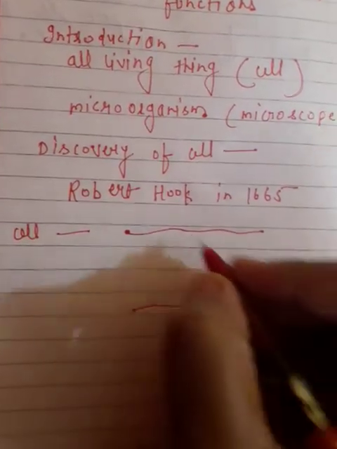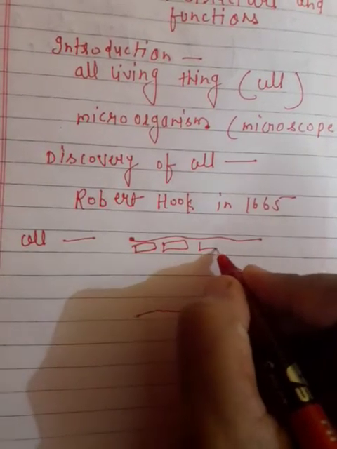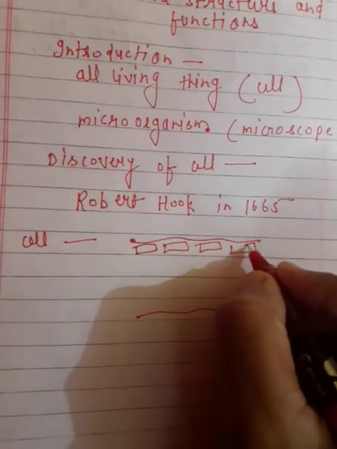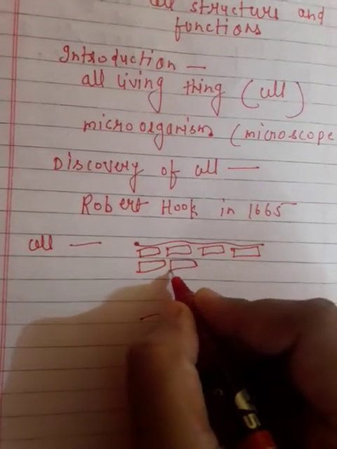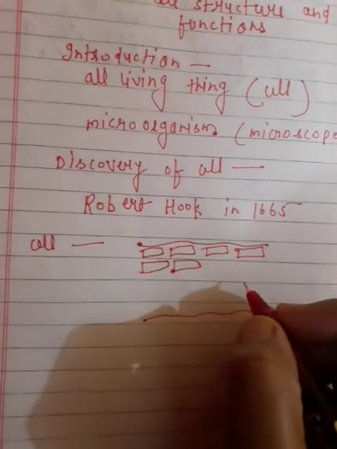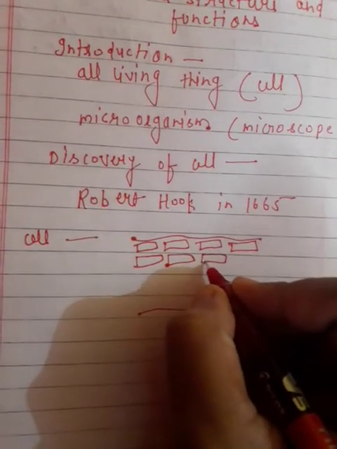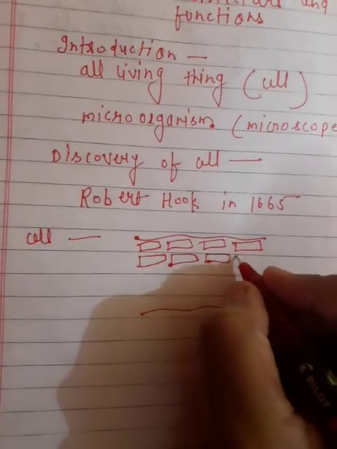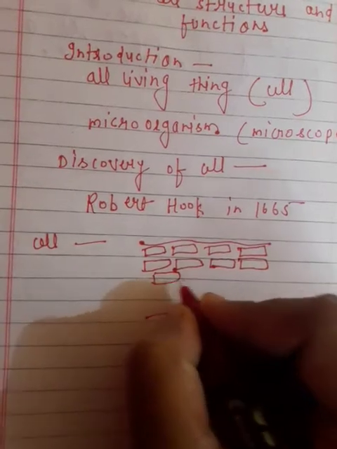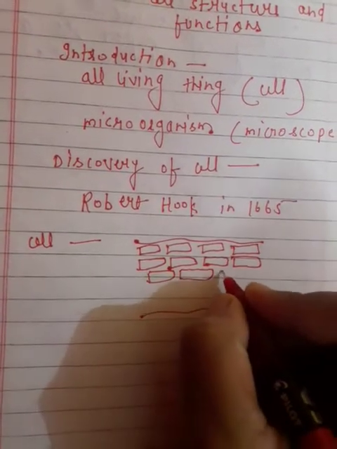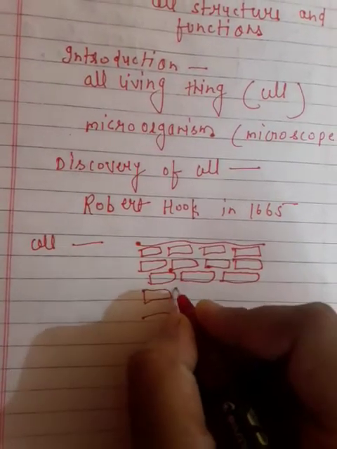However, bricks and cells differ in one respect: bricks are non-living things but cells are living things. Cells are complex living structures. This is a cell, it looks like a brick.